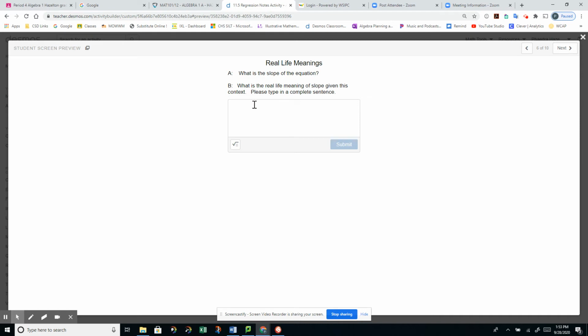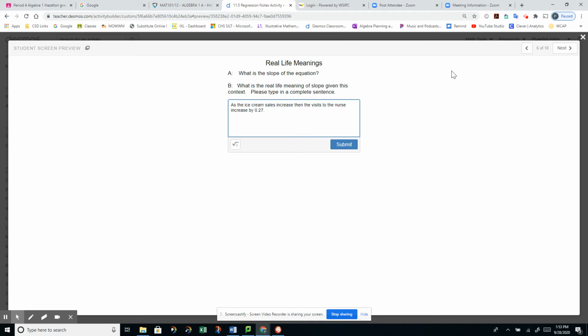Okay, the real life meaning of slope. So I gave you that. As the ice cream sales increase, then the visits to the nurse increase by 0.27.